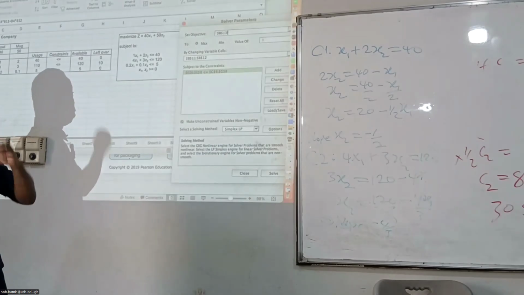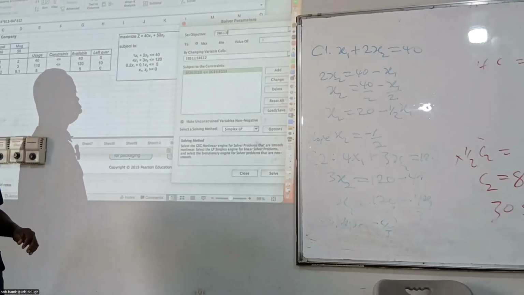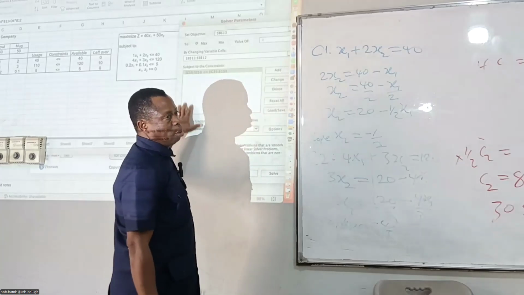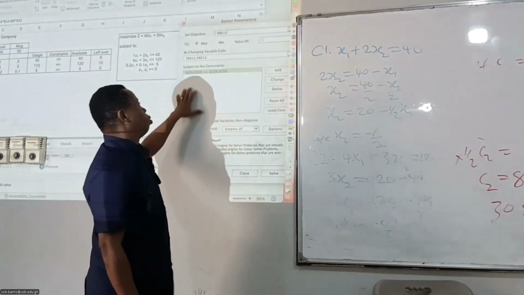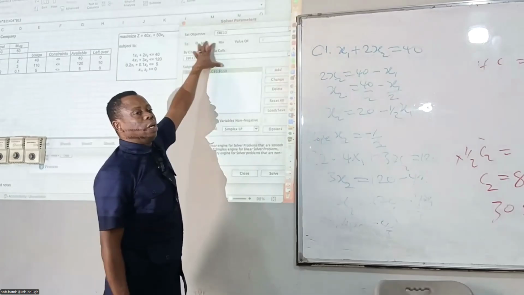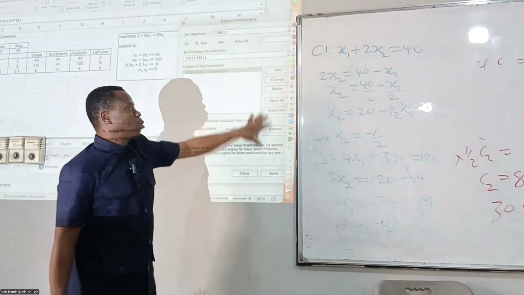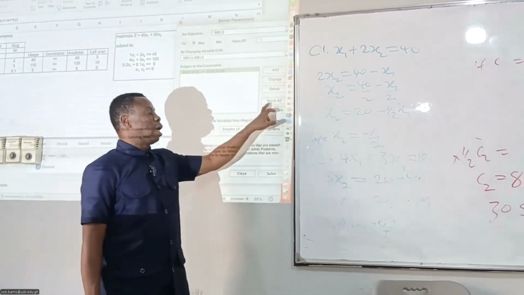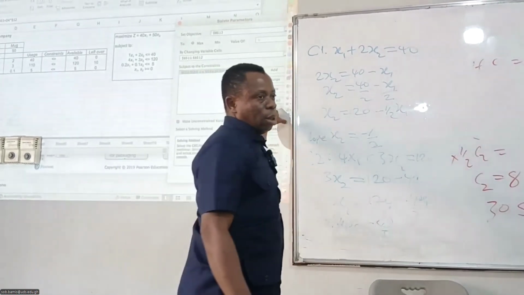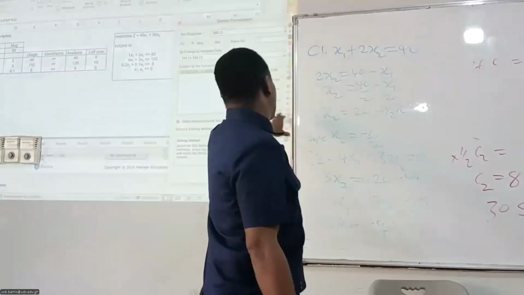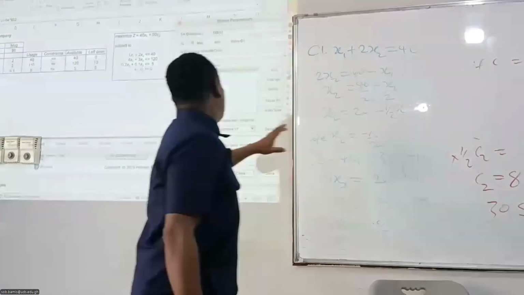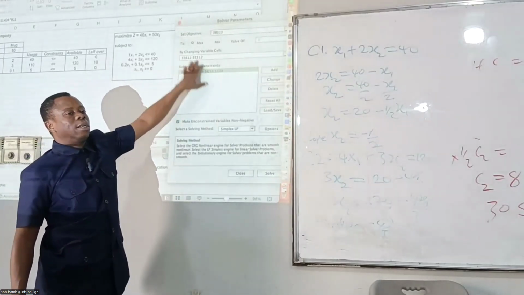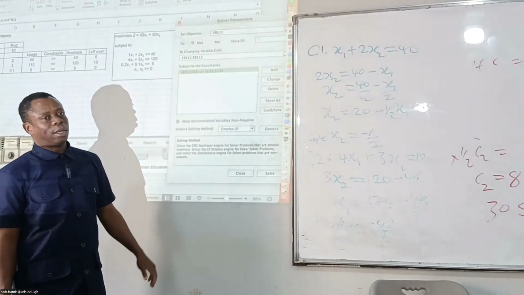But I want to illustrate to you how to enter them here, because if you have to construct your own, you have to enter them here. So that's what we want to do. In order to do that, I need to reset all. So once I reset all, everything here will vanish. The formulas here will all disappear.